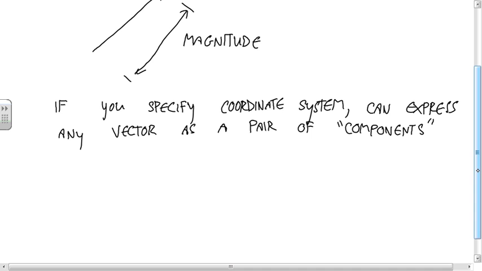So these components, let's say one component is parallel to the x-axis and one component is parallel to the y-axis.